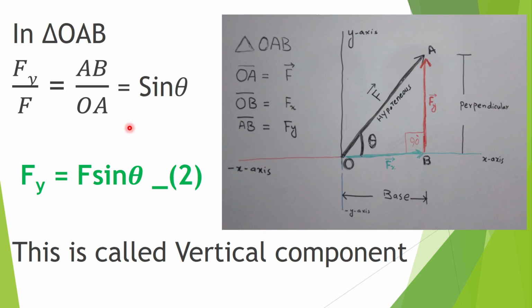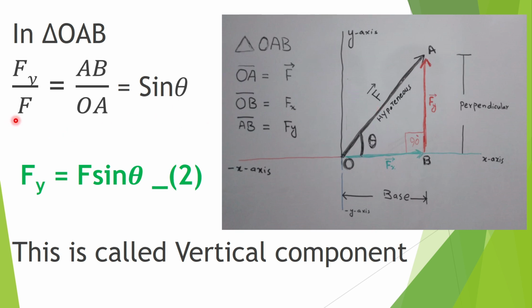For the y component, in this triangle OAB, Fy upon F, that is perpendicular upon hypotenuse, equal to sine theta. So Fy equal to AB, as you can see over here, and F equal to OA. So it equals sine theta, as I told, sine theta equal to perpendicular upon hypotenuse.